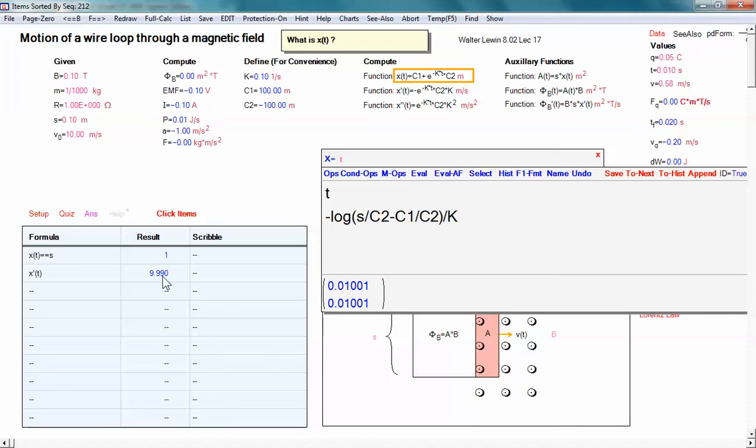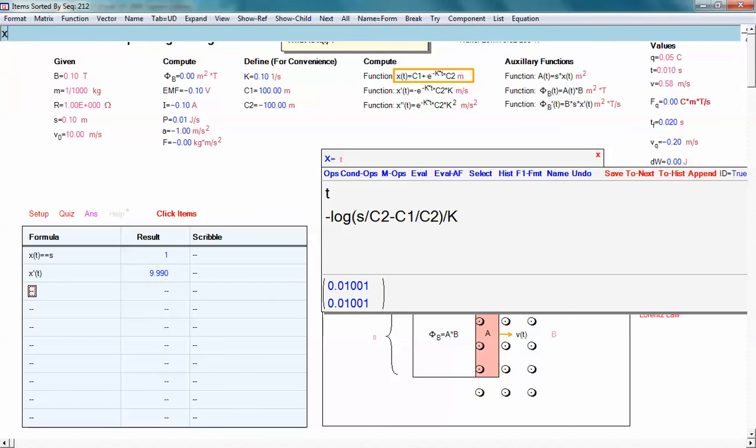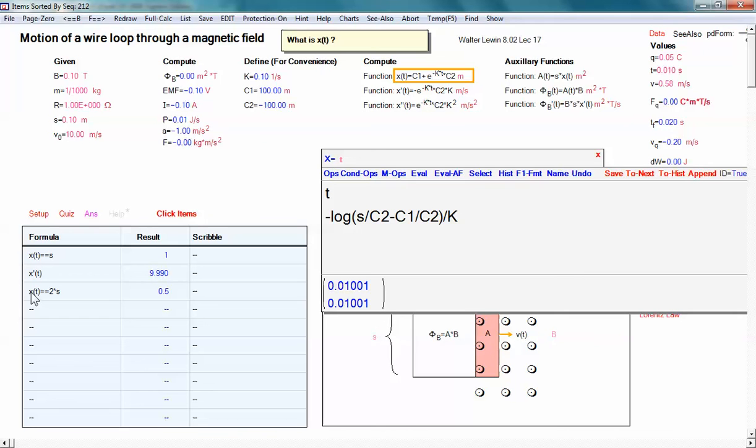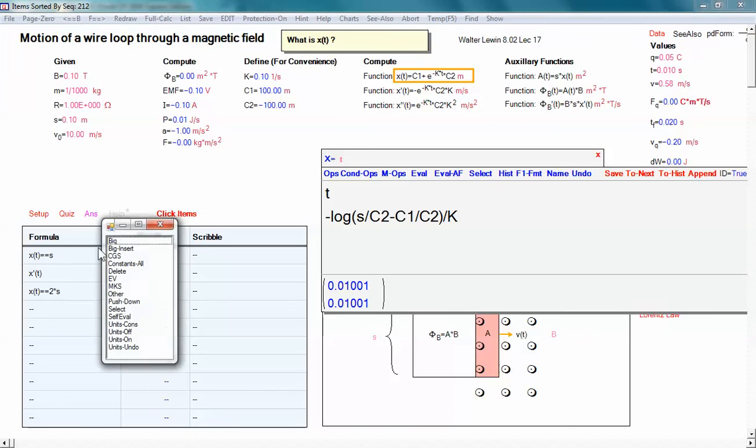In that case, we can just assume that our t satisfies this equation: x of t equals 2 times s. In other words, it's now gone into the field completely and then come out of the field. We can solve for t in that case in the same way we did before.